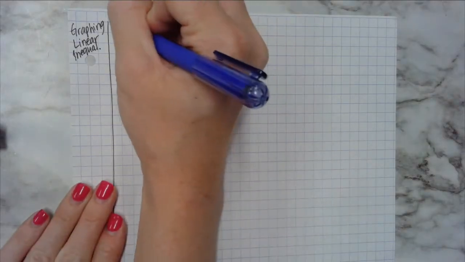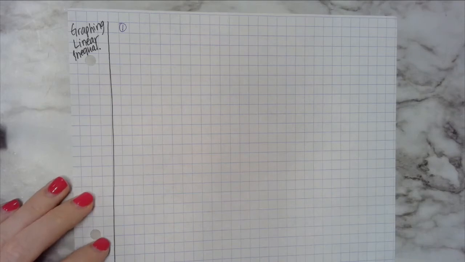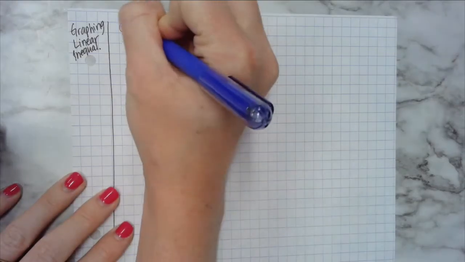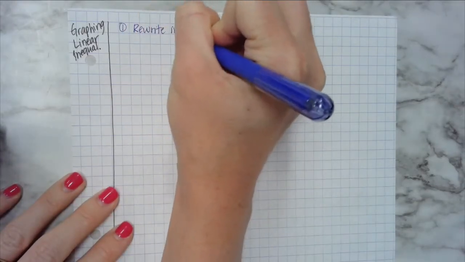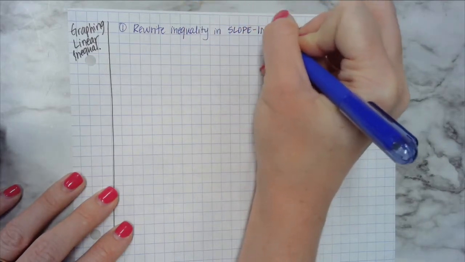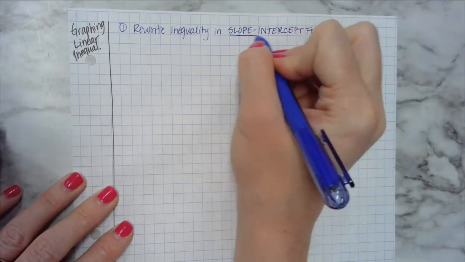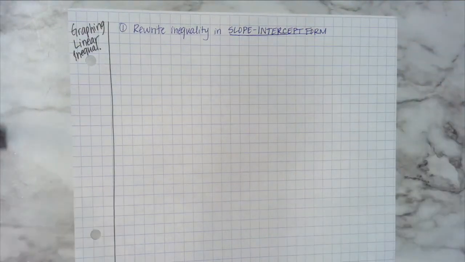So, step number 1. The first thing we want to do is rewrite the inequality in slope-intercept form. How do we do that? How do we write something in slope-intercept form? So in order to write something in slope-intercept form, we need to isolate y.